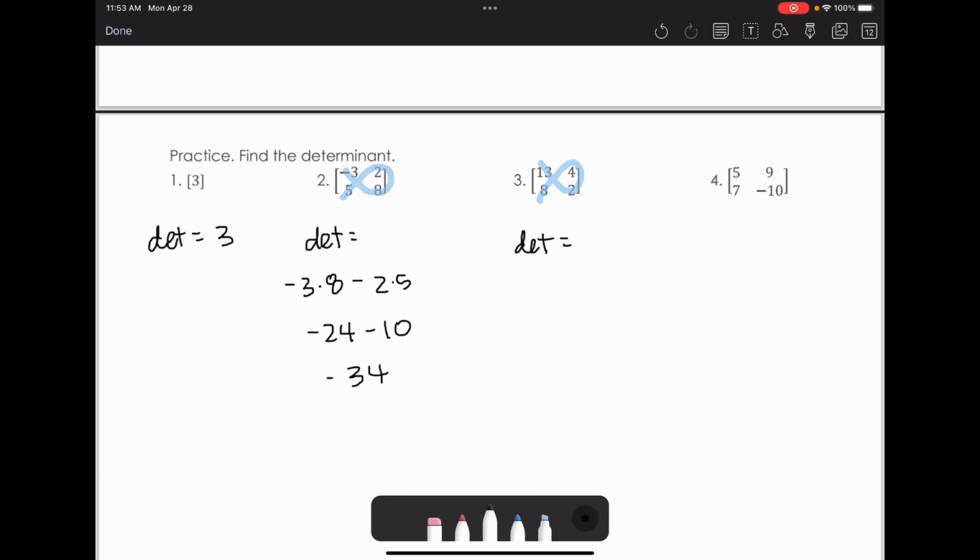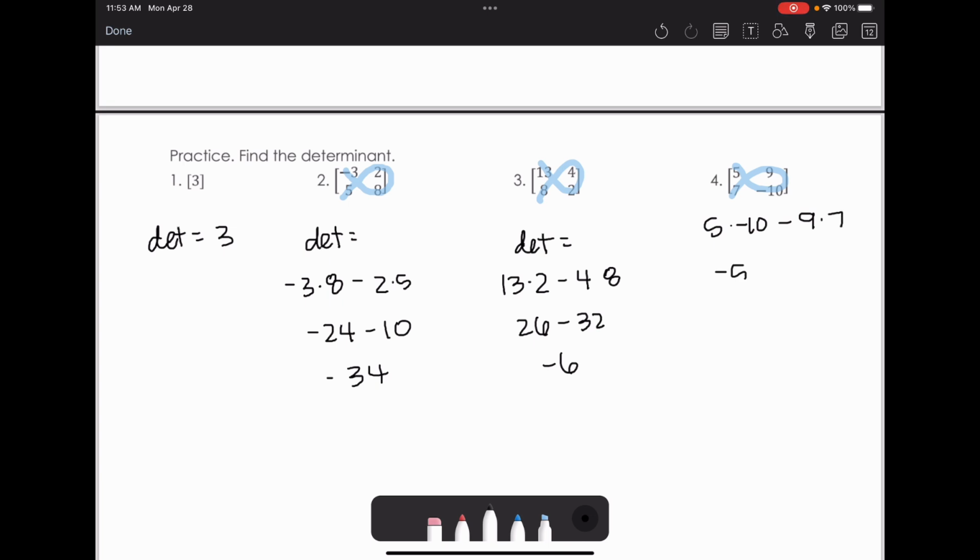So on number 3, it would be 13 times 2 minus 4 times 8. That's 26 minus 32. So that's just -6. And then on number 4, when we do the little fish, that would be 5 times -10 minus 9 times 7.